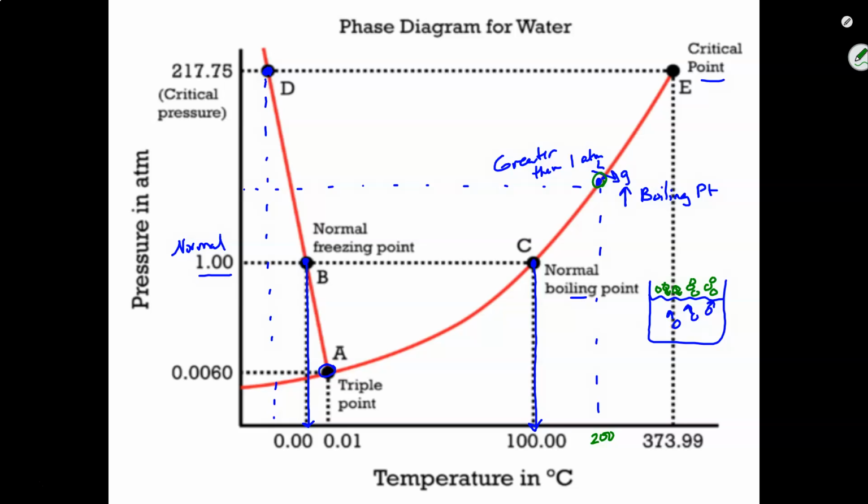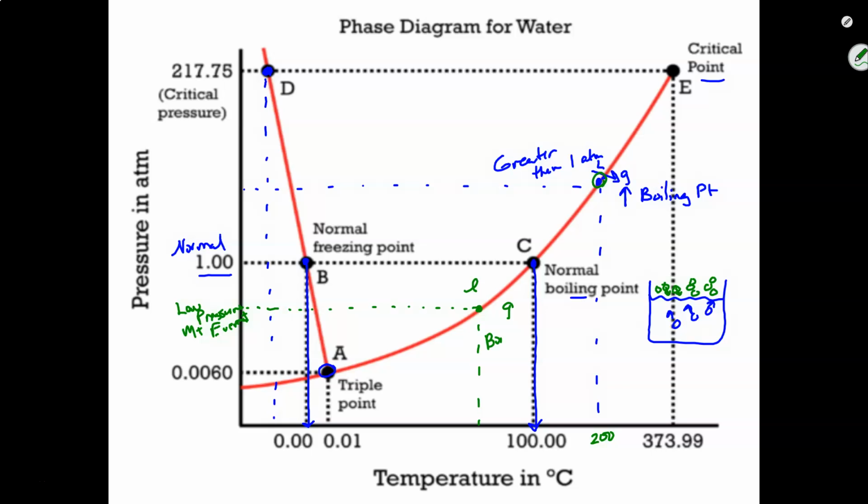The reverse could also happen. If you had a low pressure, so this is my example of Mount Everest. The pressure there is lower, so if you went to a lower pressure, where this intersects the line, I'm going from a liquid to a gas. Right here, this would be the boiling point now because I'm going from a liquid to a gas.